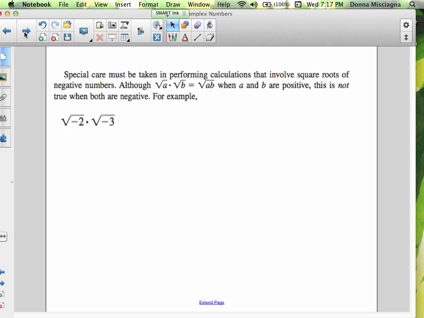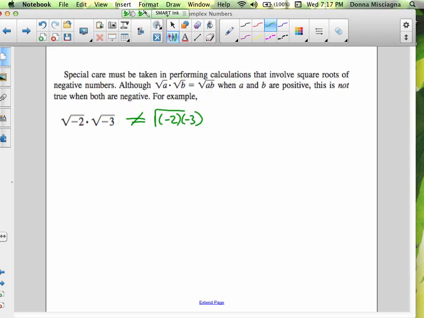So, for example, the square root of negative 2 times the square root of negative 3 is not equal to the square root of negative 2 times negative 3, which is not equal to the square root of positive 6. That would be incorrect, because the square root of negative 2 is i square roots of 2. The square root of negative 3 is i square roots of 3. So you need to do that simplifying first.